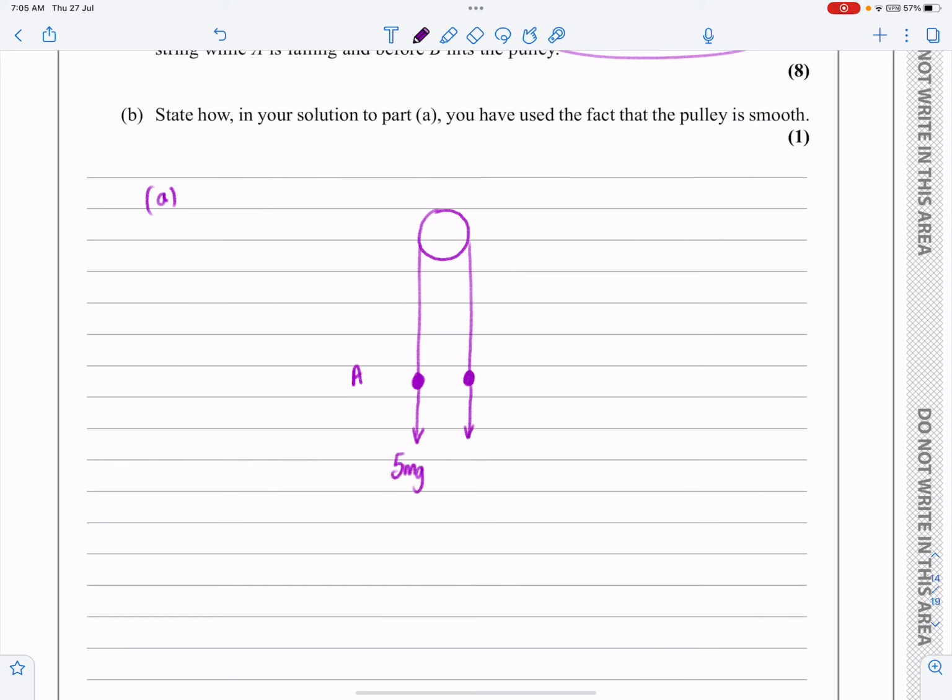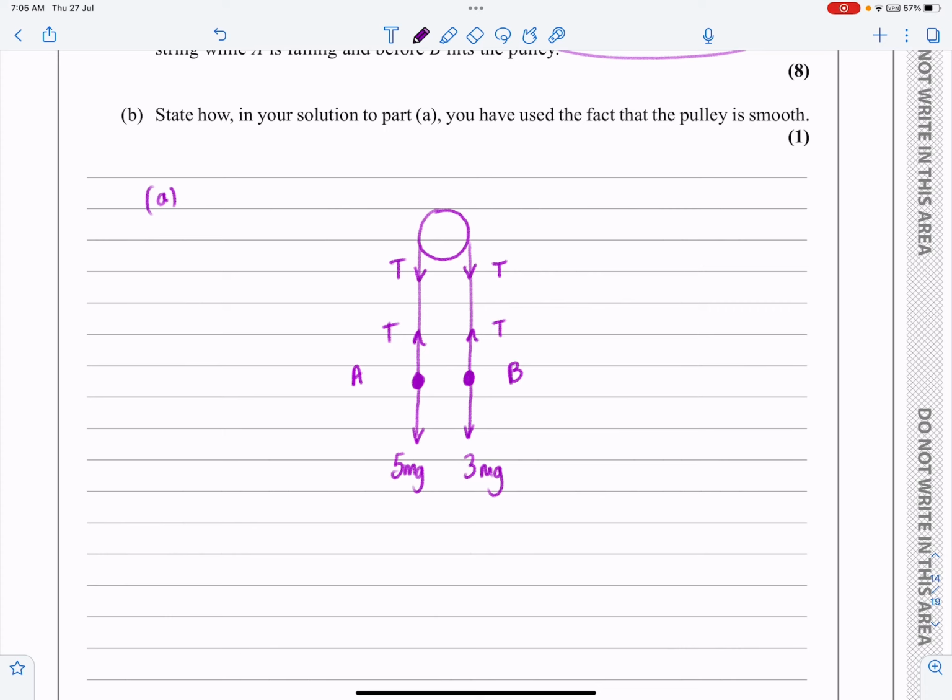And we've got a tension acting up there and a tension acting up there. If they hadn't mentioned the pulley, I'd just stop at that point. But because what they actually want is the force acting on the pulley, I'm going to put those 2 forces on, and we can say straight away that the force acting on the pulley is just going to be 2T. So in effect, what I've got to do is find T, and then I can just double it for the force acting on the pulley.